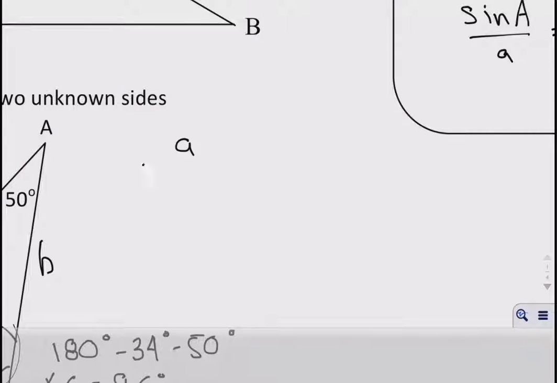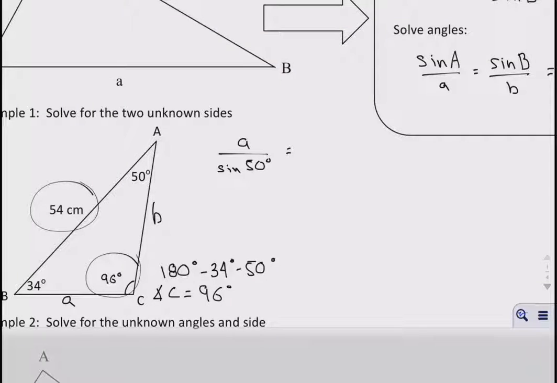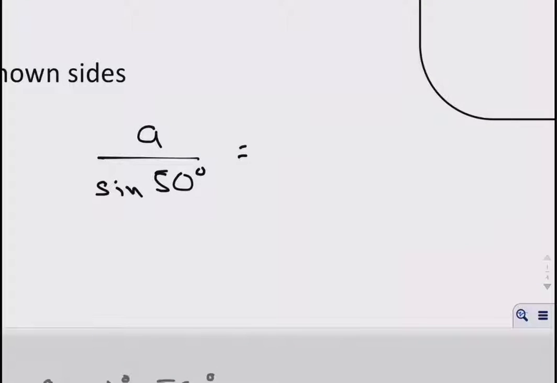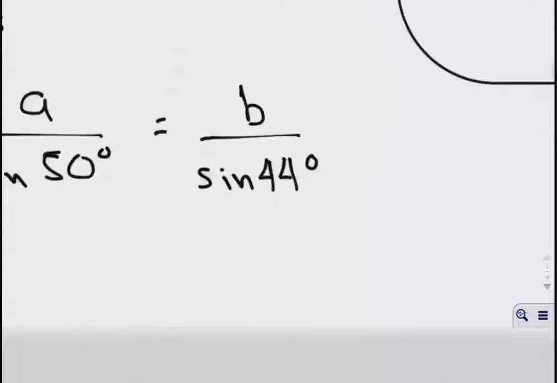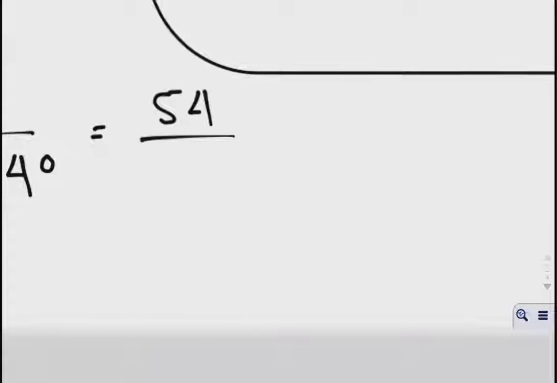So I have A over sine of 50, which is equal to B over sine of 34, which is equal to 54 over sine of 96.